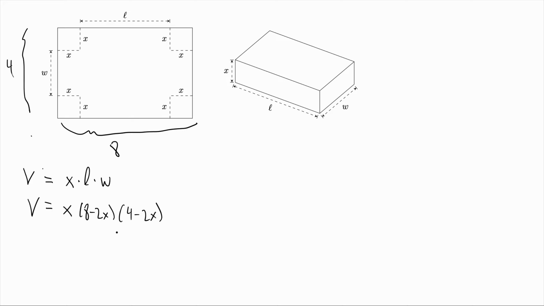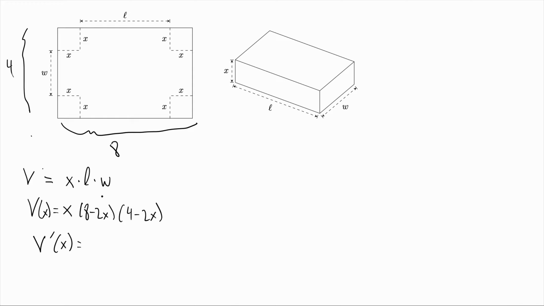We have our formula for volume, and that's what we want to find a derivative of. In fact, we could write this in function notation. In order to find it, we need to find the derivative of volume, V prime of x. We could take this and multiply it out.